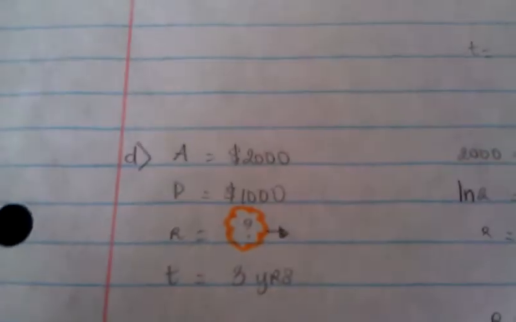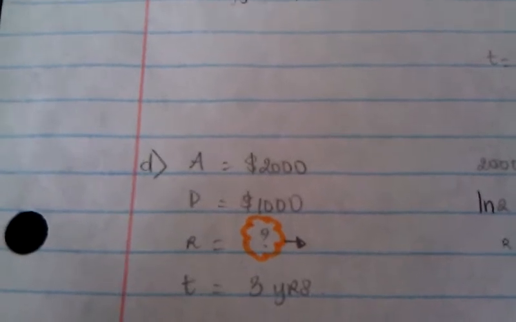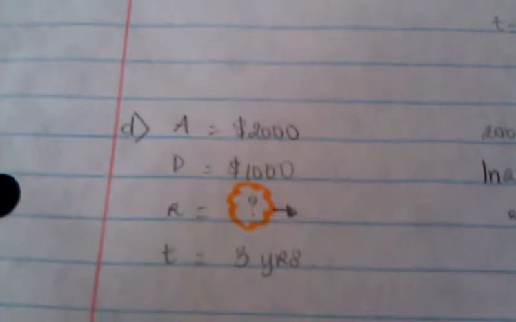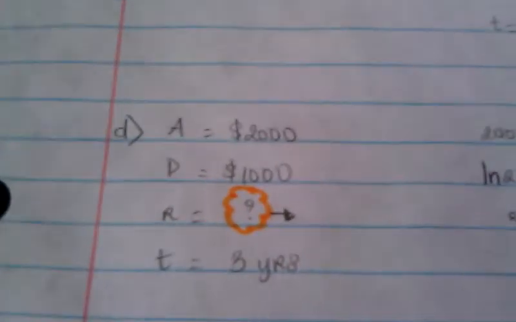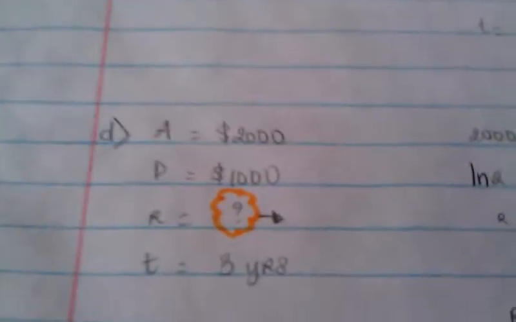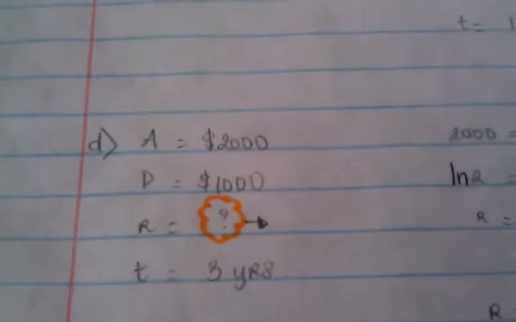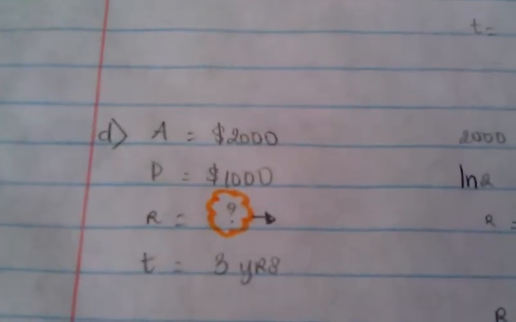Next, they're asking for the rate. They give you the time, the original amount of money, and the amount you have after. To solve for the rate, I will use this formula again. I plug it in, divide by 1,000 on both sides, and then take the natural log of both sides.